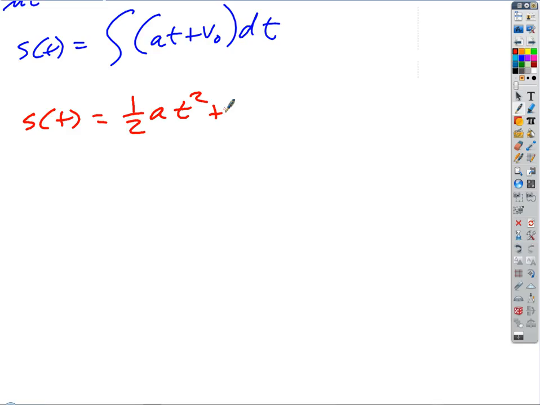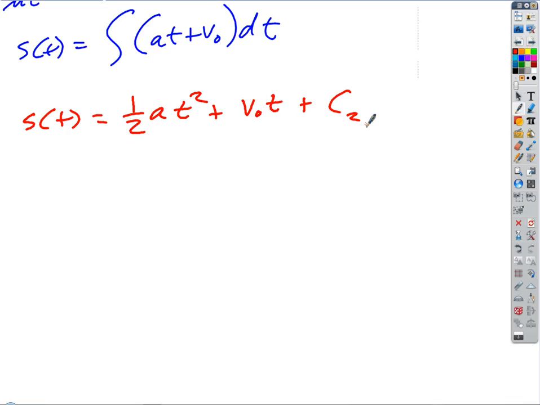So v naught dt would just be, remember that's like v naught could be 2, for example. So what would be the antiderivative of 2? 2t, right, in this case. Because the t is going to drop off when you differentiate, right? So v naught t, but then we got to include some constant.